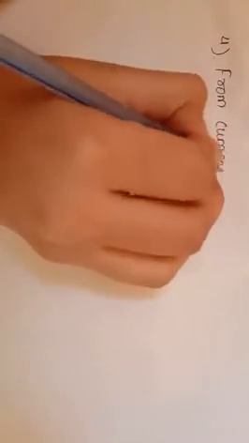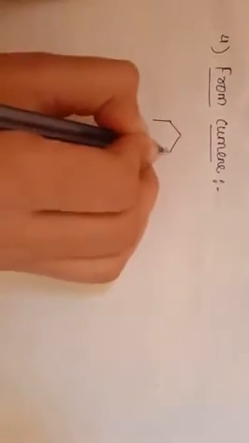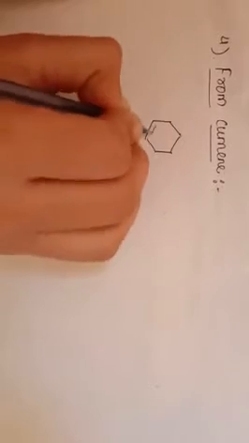Now our fourth method is from cumene. Cumene, if you remember, we had seen during the classification. This is our isopropyl benzene. We'll see the structure of cumene first.